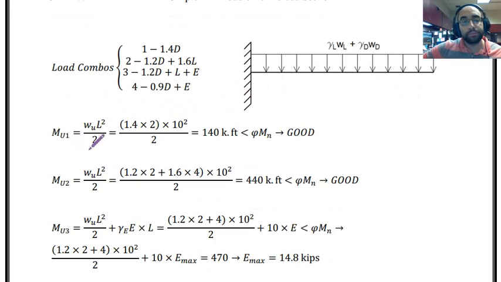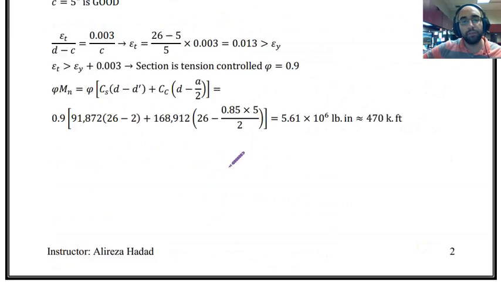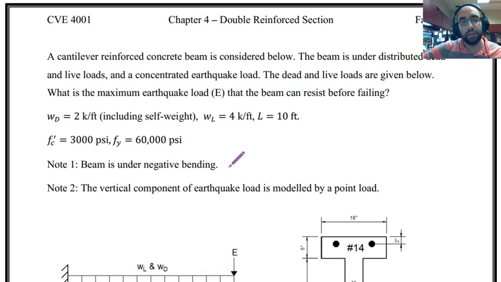So the maximum moment at the end of the beam because of this distributed dead load, because of this first load combination, is just 1.4 multiplied by the dead load. If I go back to the very beginning of the problem, you can see dead load is given to us as 2 kip per foot, and live load is given to us as 4 kip per foot.